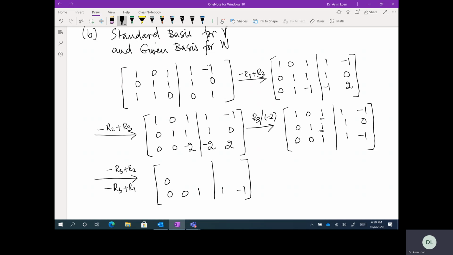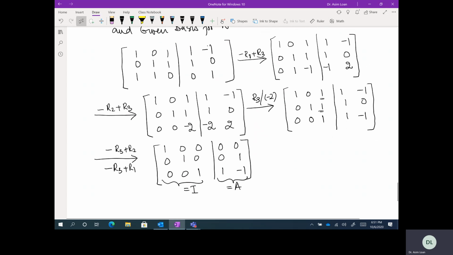This is 0. Minus 1 plus 1 is 0. Minus 1 plus 1 is 0. Plus 1 over here. Then 1, 0, 1, 0. Minus 1 plus 1 is 0. Minus 1 plus 1 is 0. So this is identity. And this is my matrix A of transformation with respect to these bases.